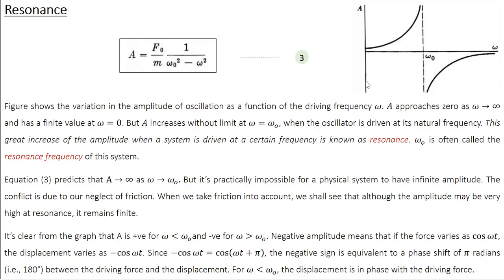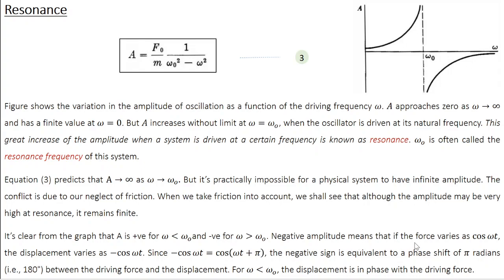It's clear from the graph that when omega is less than omega naught, when driving frequency is less than the resonant frequency, so we are talking about this particular portion, here the amplitude A is positive. On the other hand, when omega is greater than omega naught, this portion where driving frequency is greater than resonant frequency, amplitude A is negative.